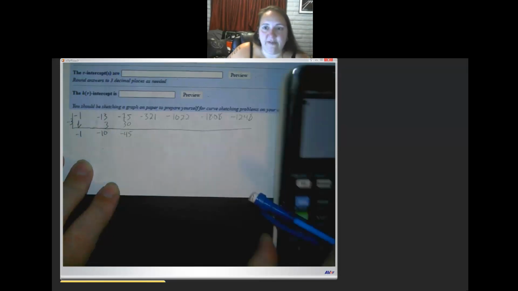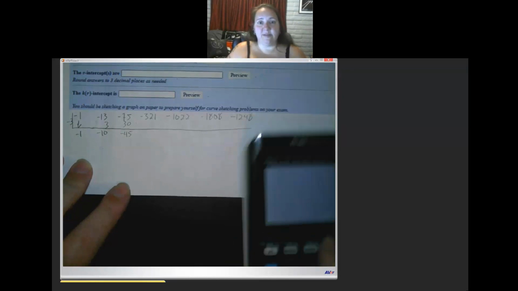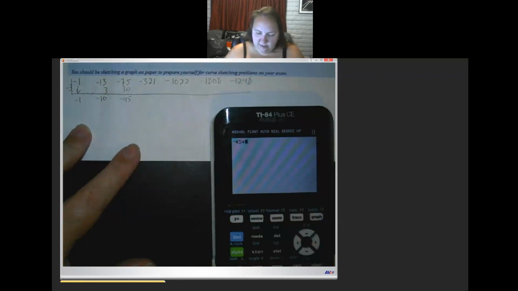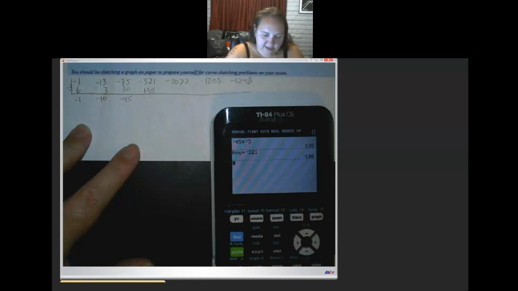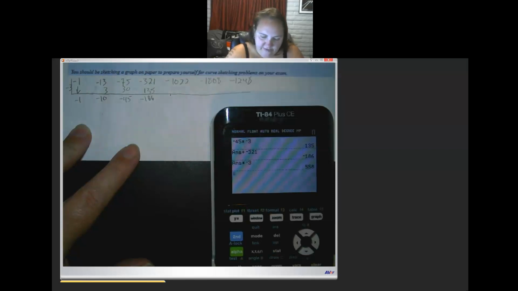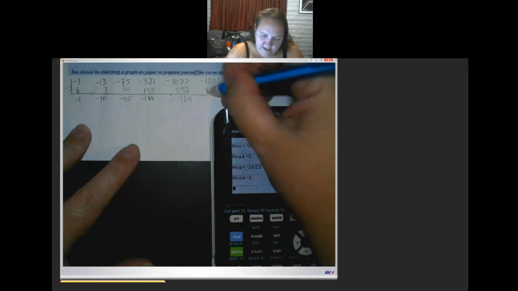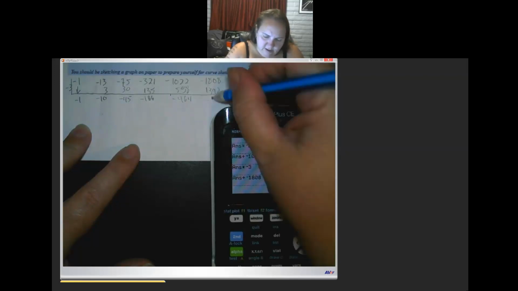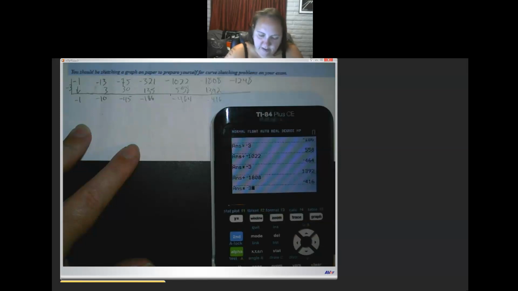Negative 45 times negative 3, 135 plus a negative 321, negative 186 times a negative 3, 558 plus a negative 1022, negative 464 times a negative 3, 1392 plus a negative 1808, negative 416 times negative 3. There we go, 1240.